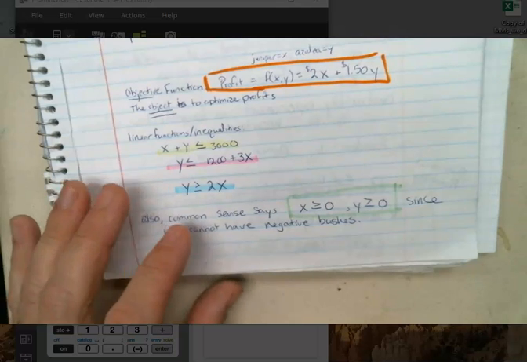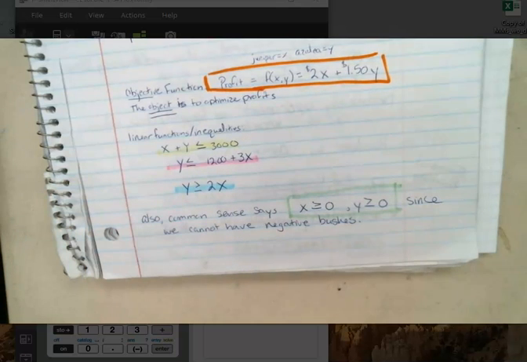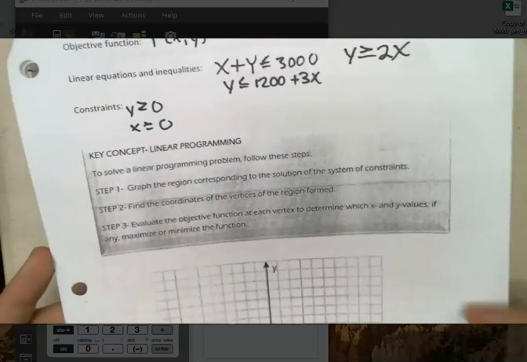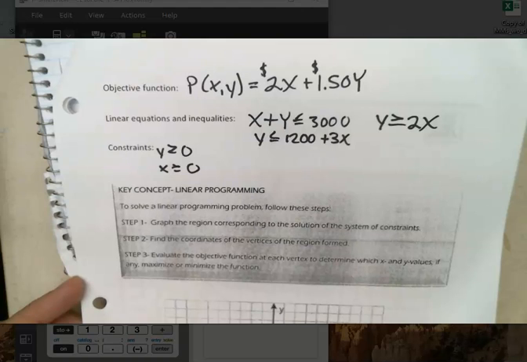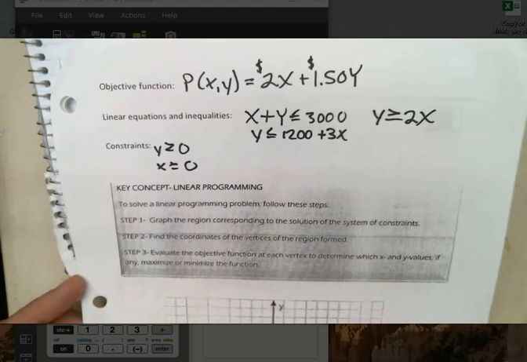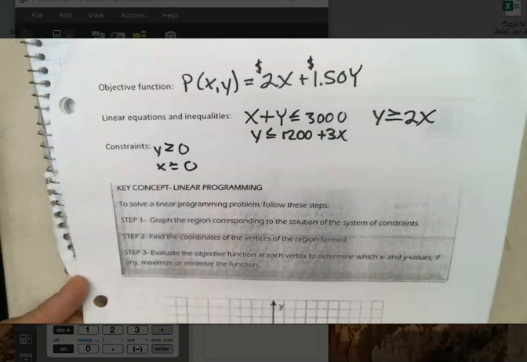All right, so on the second page of your handout, all those functions got copied over. There's the objective function, the linear equations and inequalities. You've got your constraints, and then the key concepts for linear programming there.